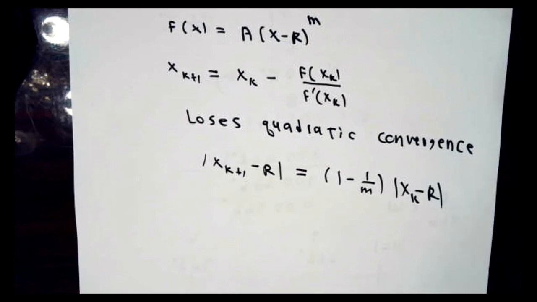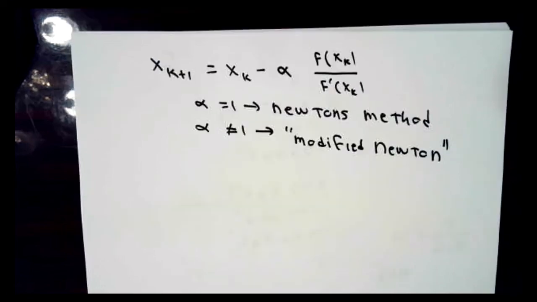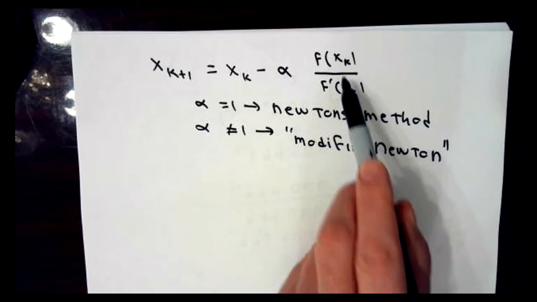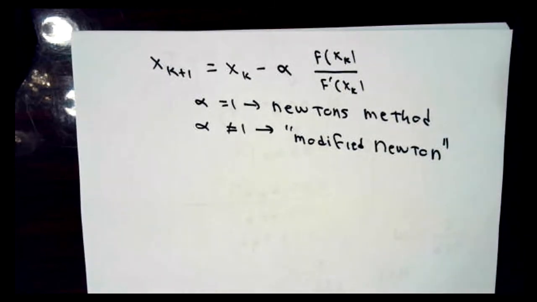I want to investigate a very simple way that you can sometimes repair this situation. So we're going to make a new method: x_{k+1} equals x_k minus some constant alpha times f(x_k) over f'(x_k).